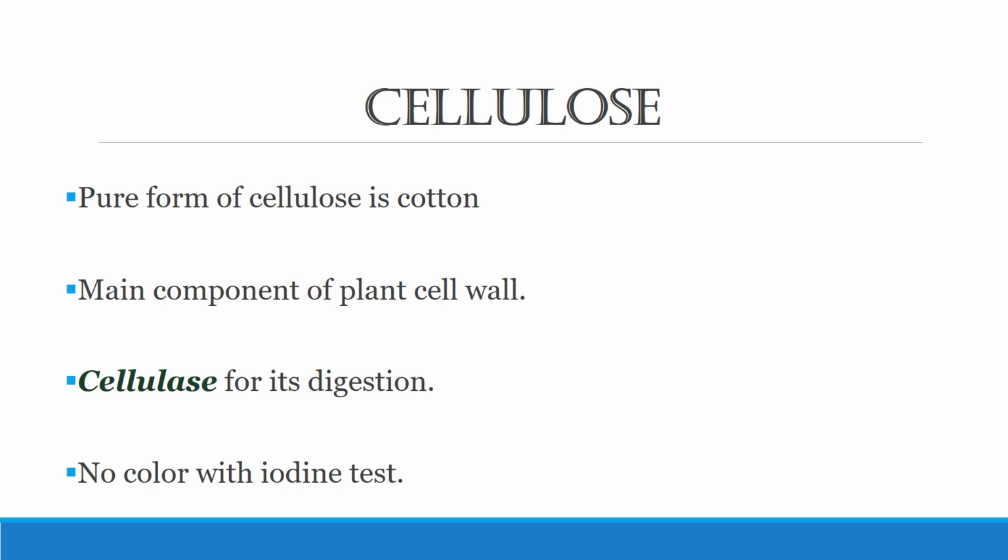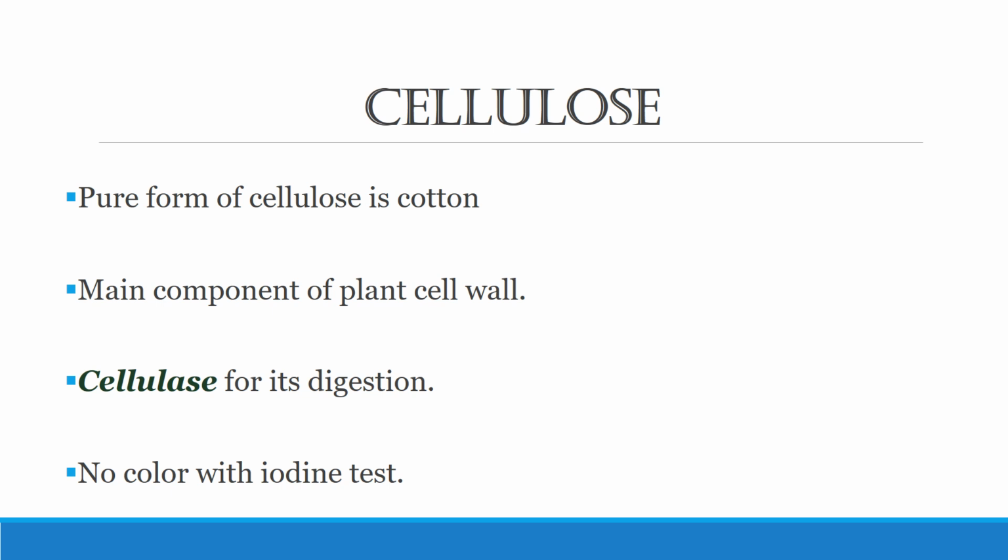Then we have another important polysaccharide that is mostly present in the plants and is the most abundant carbohydrate present in nature. The pure form of this is cotton, and it is a very important component of the plant cell, and it also yields glucose on hydrolysis.